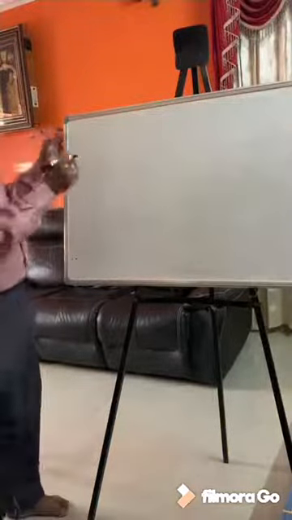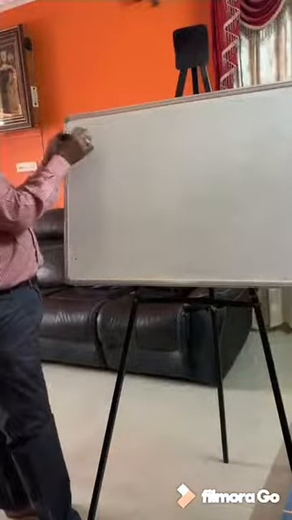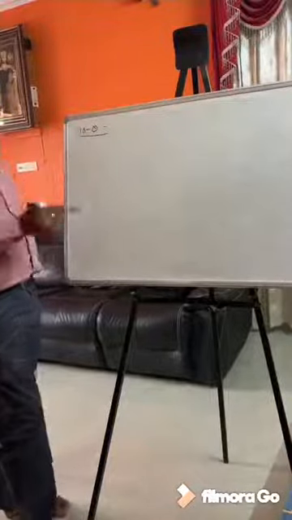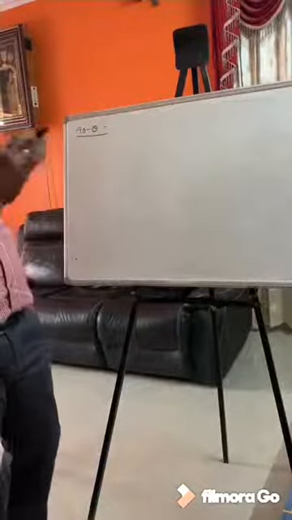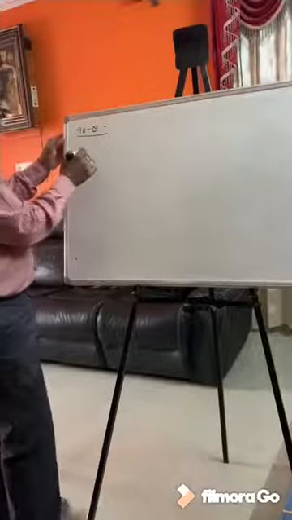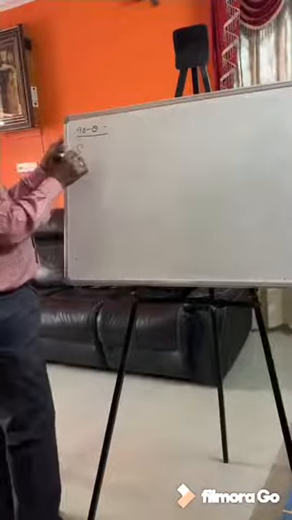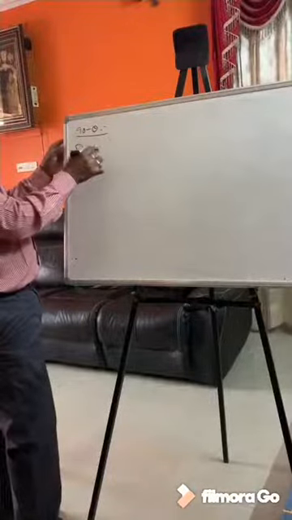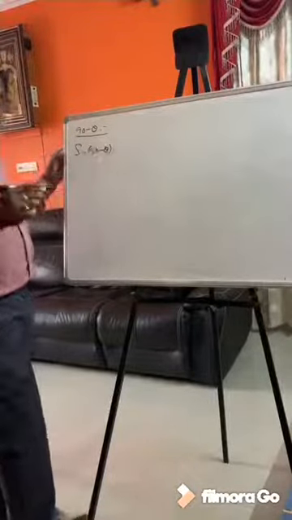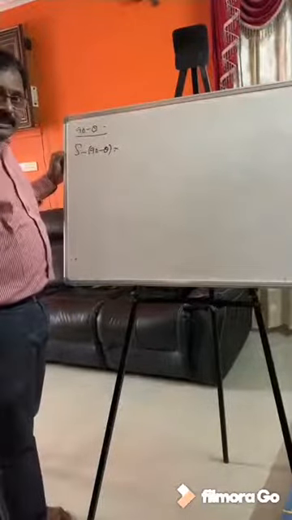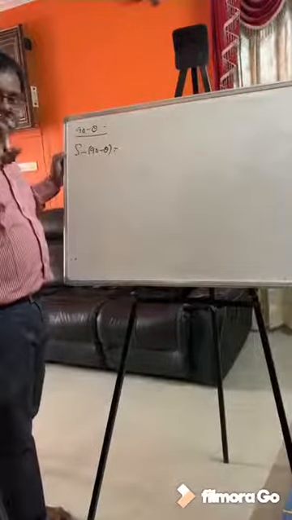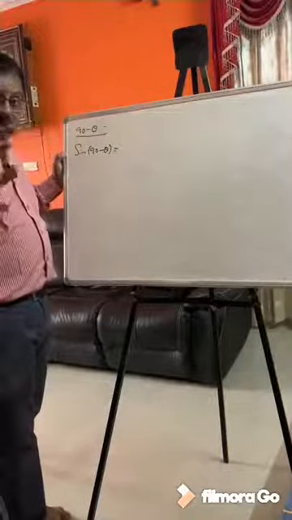Here, suppose you are finding 90 minus theta values. Why we are using this table? To find values 90 minus theta, 90 plus theta. Suppose I am taking sin 90 minus theta. Very important: what I told you, 90 minus theta, 270 minus theta, 270 plus theta, 90 to 270, odd numbers.